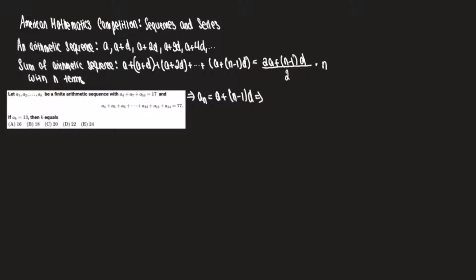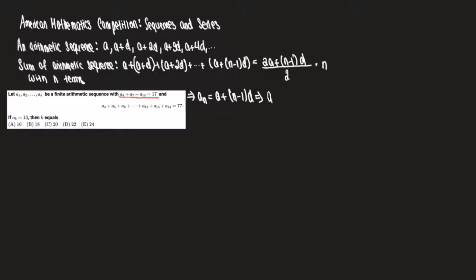And k in this case is n, so we can figure out what k is. I want to show you guys a trick here that you probably don't know. But first, you have to recognize that this is also an arithmetic sequence.